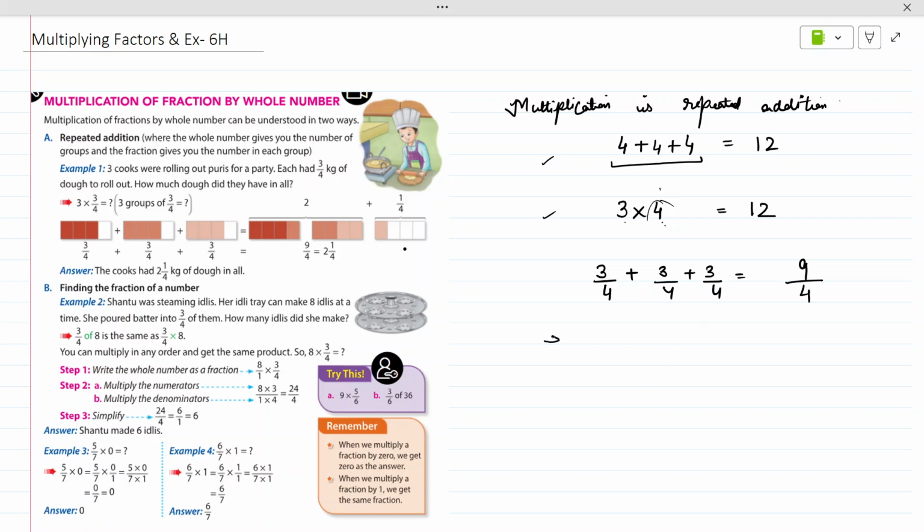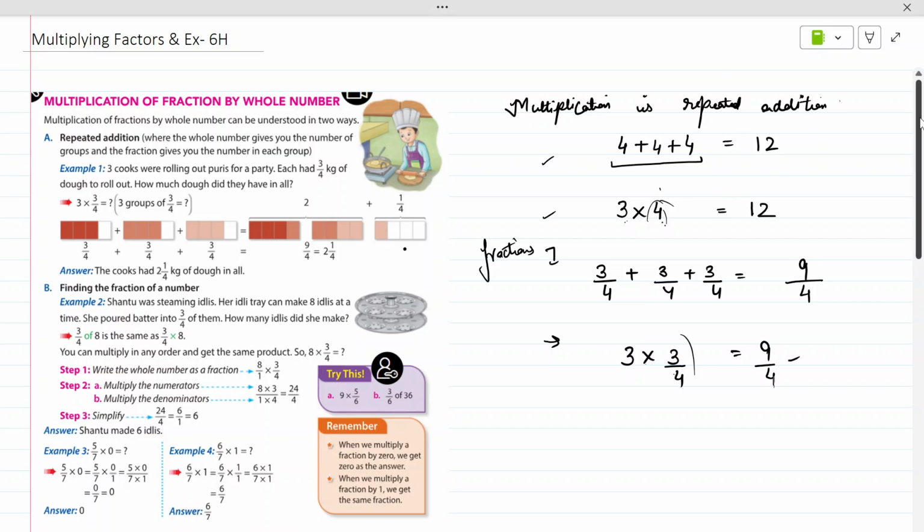Also, I can write it in the form of a multiplication as 3 times 3 by 4. 3 times this fraction, like how we were writing 3 times 4, the given whole number. Okay, so in the case of fractions also we are using the same concept. So this will also give me 9 by 4. The things are exactly same.